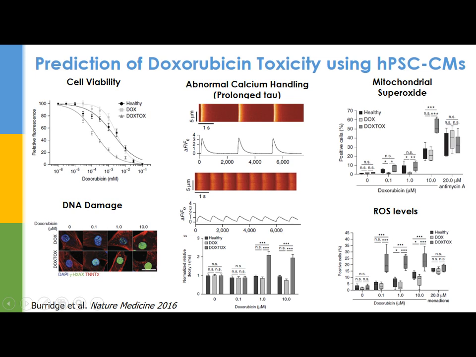And as you can note here, the human pluripotent stem cell platform was able to identify the effect of doxorubicin on multiple parameters, such as cell viability, reduced in the DOX-TOX group, those that developed the chemotherapy-induced cardiomyopathy, compared to the DOX group, the patients that did not develop it; DNA damage; abnormal calcium handling with prolonged tau in the DOX-TOX group; and oxidative stress, here evaluated by mitochondrial superoxide and ROS levels.